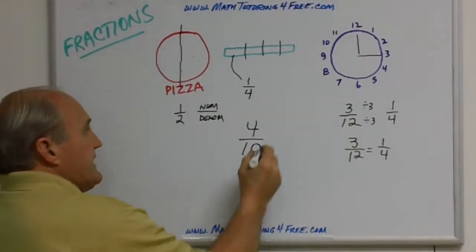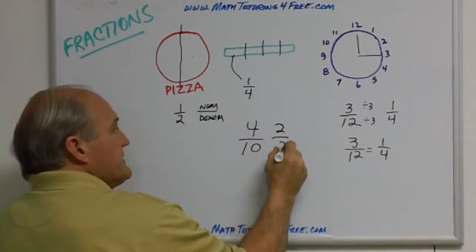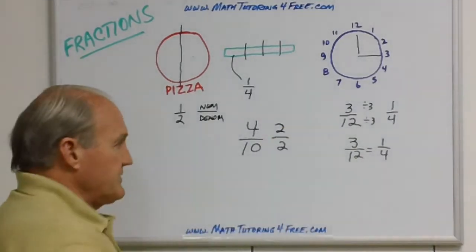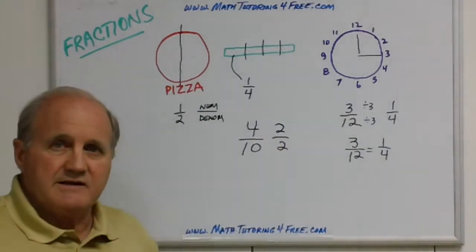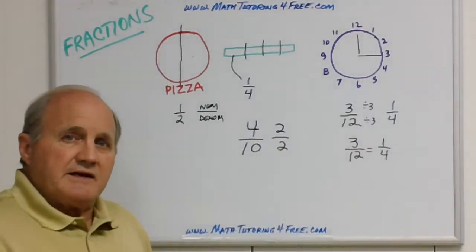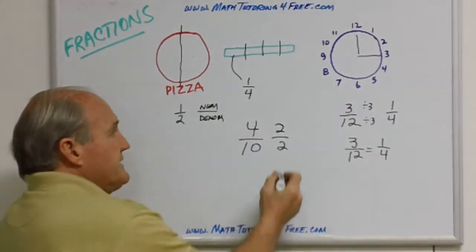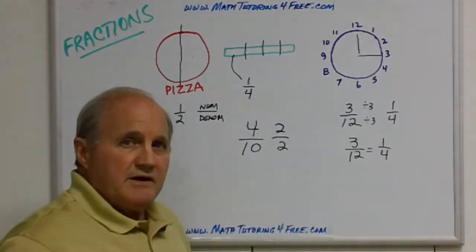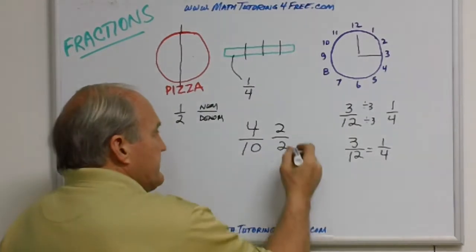We're not changing the value at all, because 2 over 2 is a value of 1. 1 times anything is the same thing, and anything divided by 1 is the same thing. So as long as we do the same thing to the numerator and the denominator, we will have an equal fraction, but of a different form.